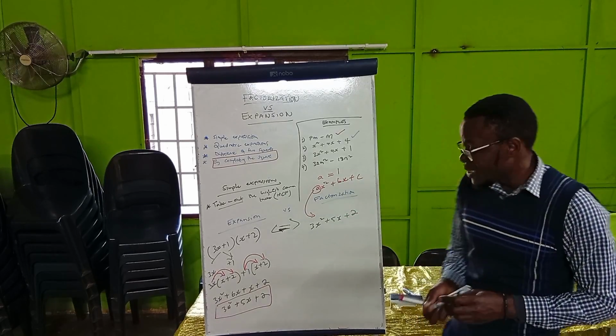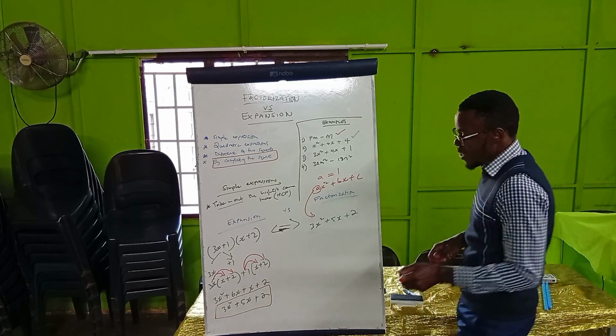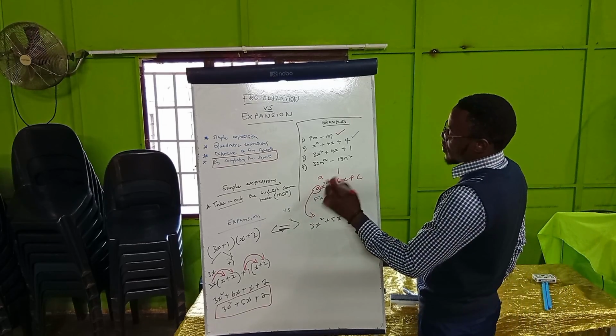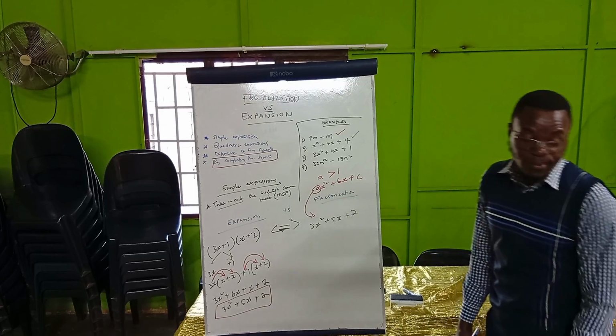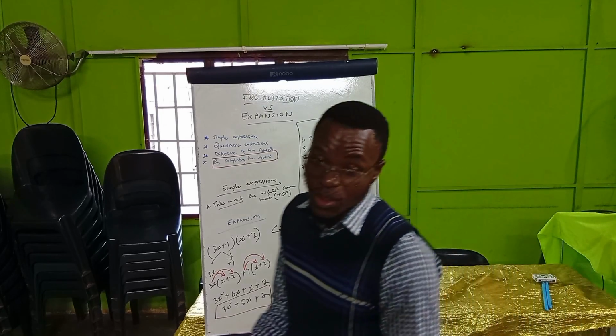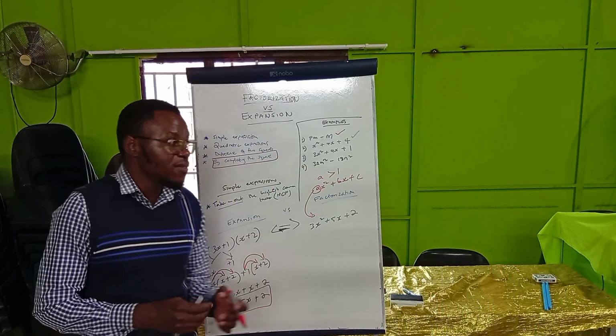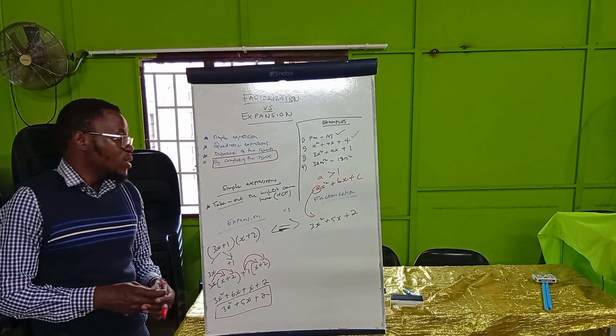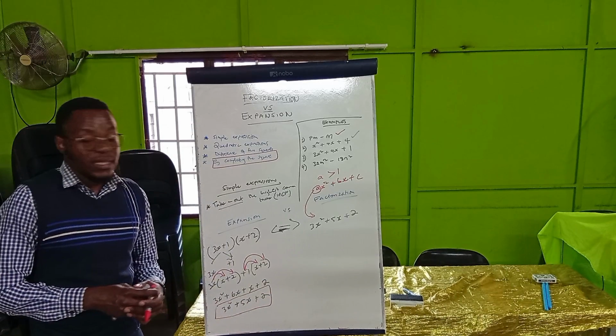Now, what you will notice in this case is that the value of A is greater than 1. So the principle that we will use here will be slightly different. Notice I said if the value of A is 1, we only focus on the value of B, the coefficient of the middle term, and also on the value of C, which is a constant.